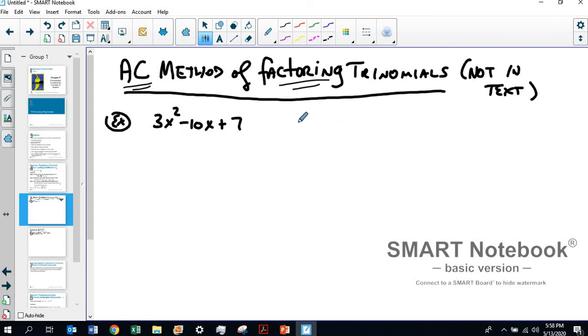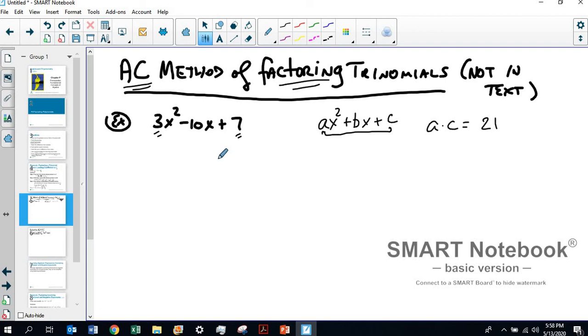So how does the AC method work? If you remember, the general form of a quadratic is ax squared plus bx plus c. A is the number in front of the x squared, and c is the constant term, and we're going to multiply those two together. So a times c in my case is 3 times 7, which is 21.